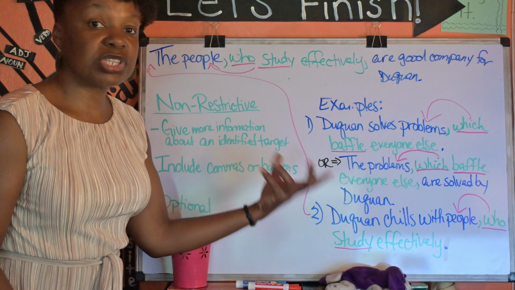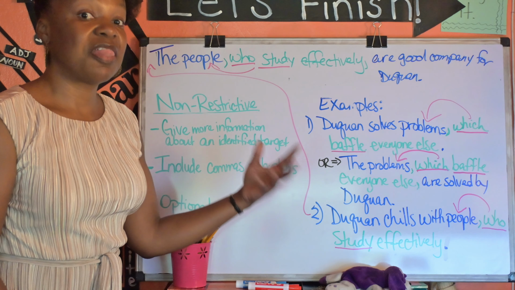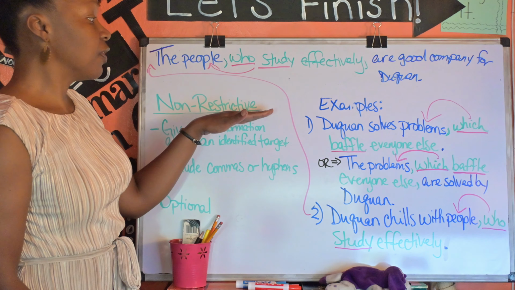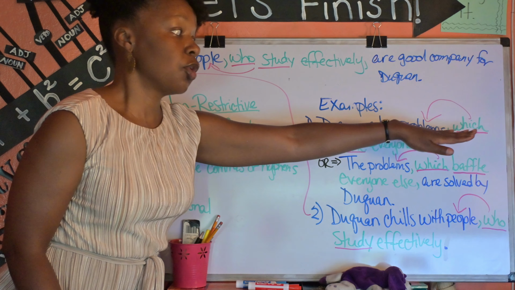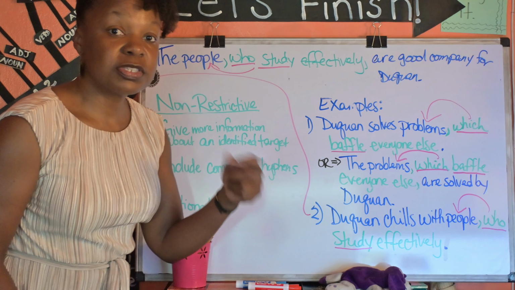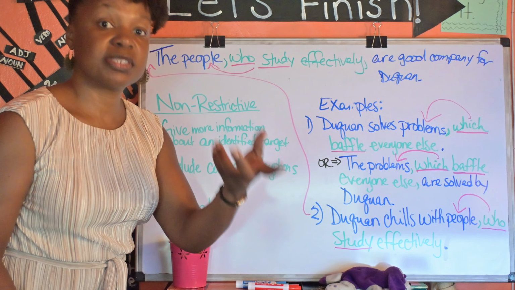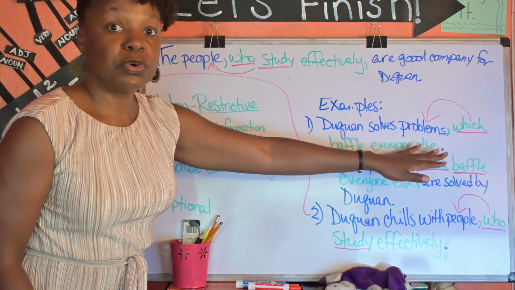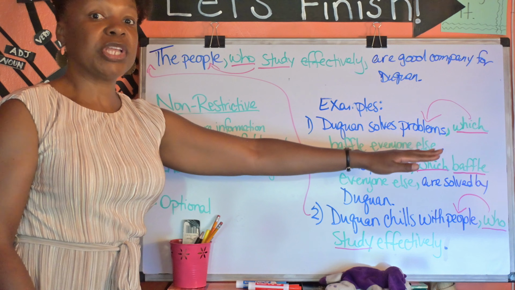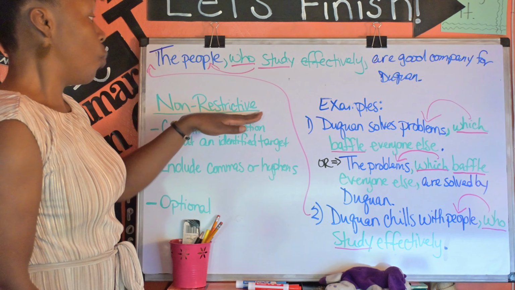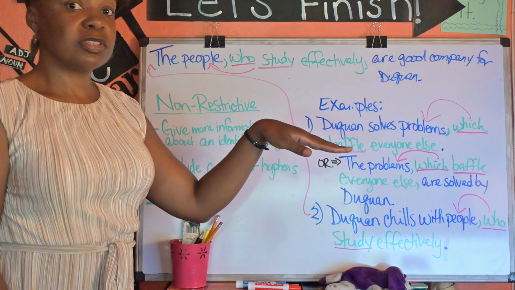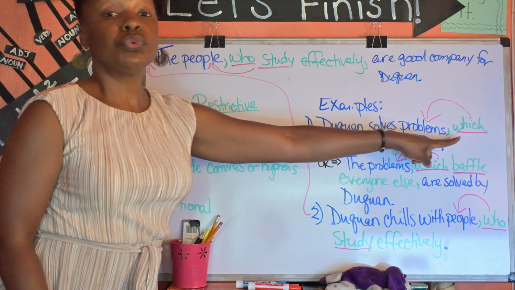When we use a restrictive clause, the preference is that. For non-restrictive clauses, the preference is which. If you are forced in American English, English spoken in the U.S., I should say, to choose between which and that, where non-restrictive clauses are concerned, choose which. Okay? Choose which.